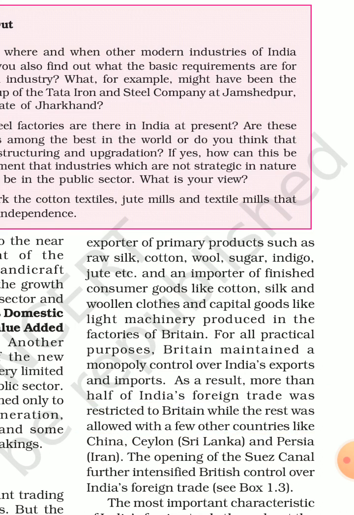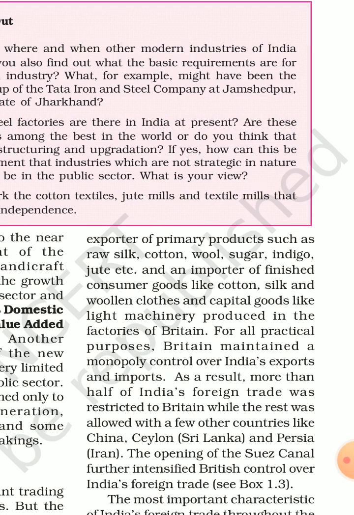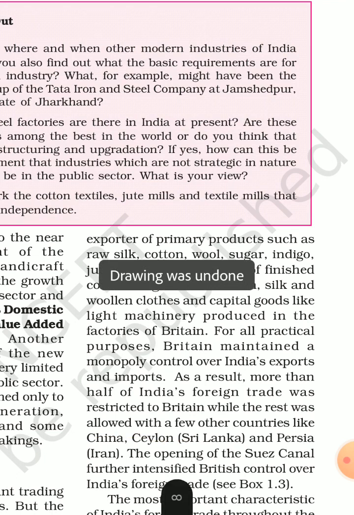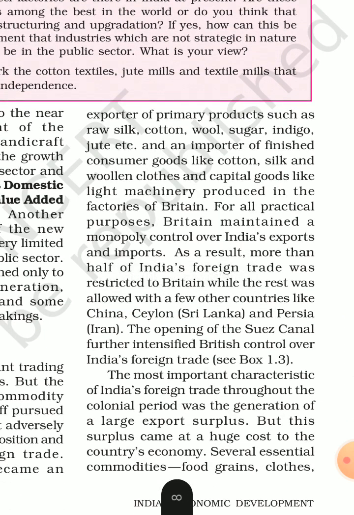The British government decided that 50% of the import and export would be done with Britain or British industry, and the remaining 50% would be done with a few selected countries like China, Sri Lanka, and Iran.